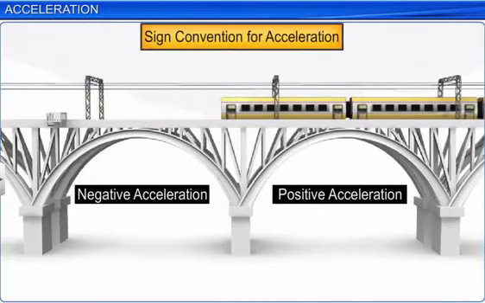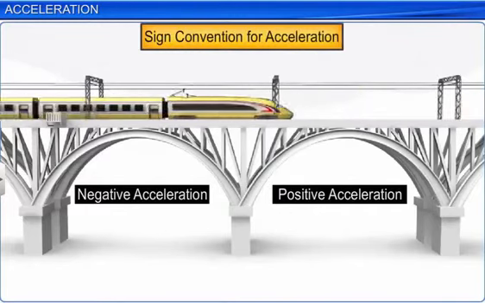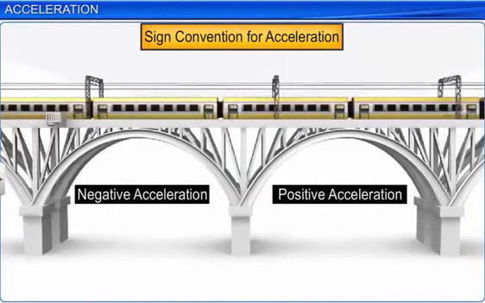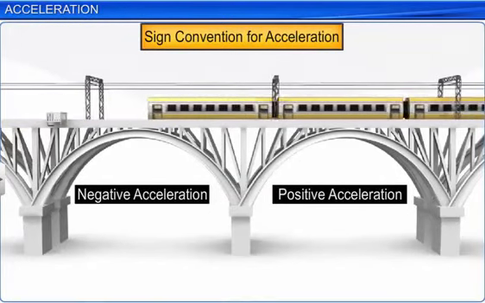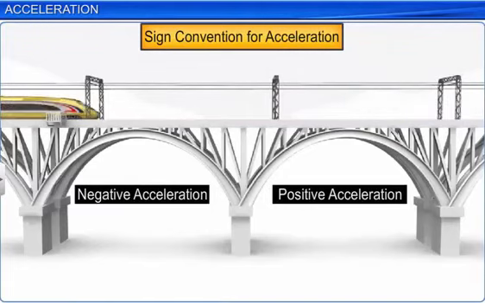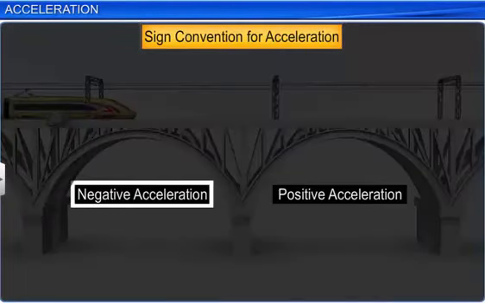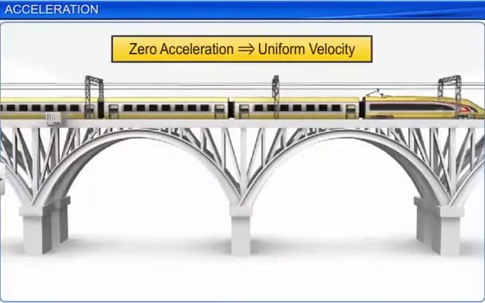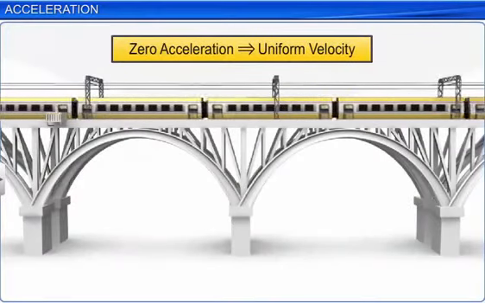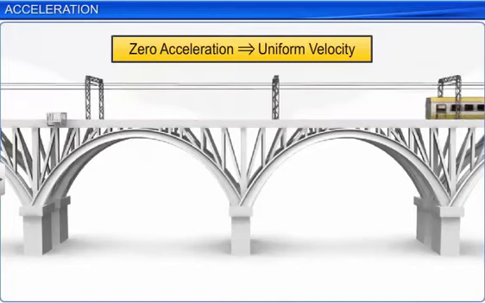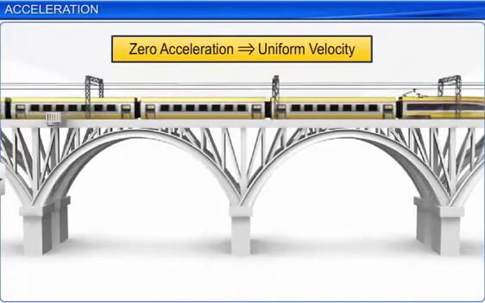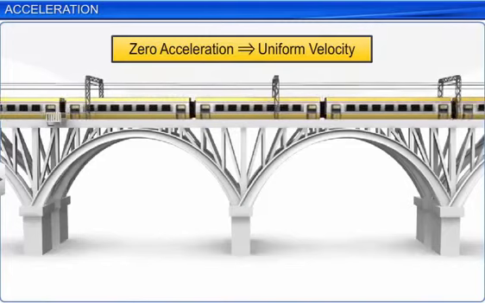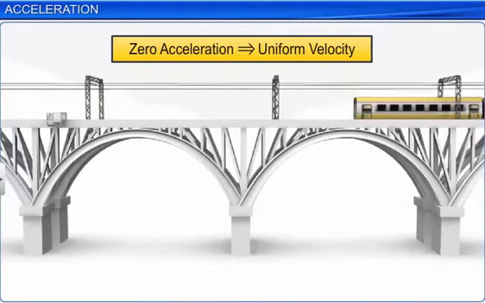Now coming to first case 1, that is positive acceleration. Suppose the object is moving along positive direction with increasing magnitude. It is moving from point A to point B with increasing magnitude. So change in velocity will be positive because its final velocity will be greater than its initial velocity.